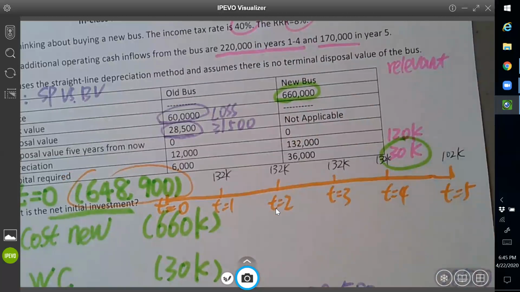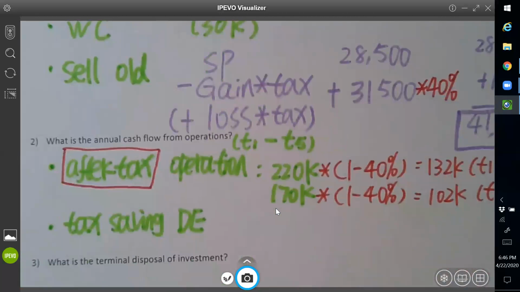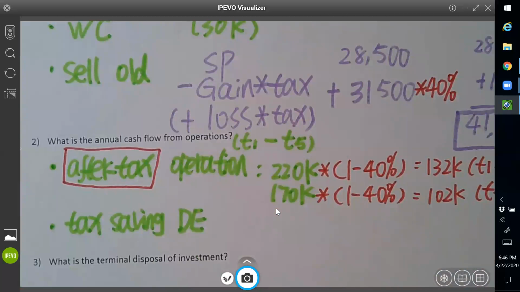Are we done? Nope. We still have the next part called tax saving. It's not after-tax saving, it's a tax saving from depreciation expense.